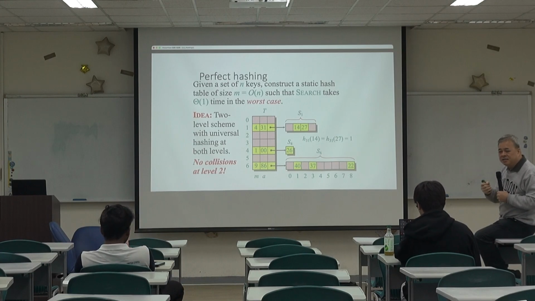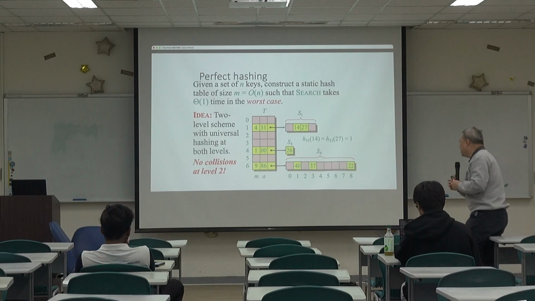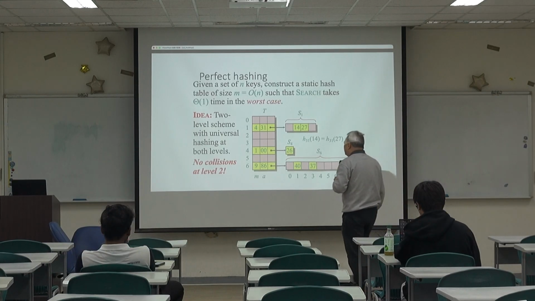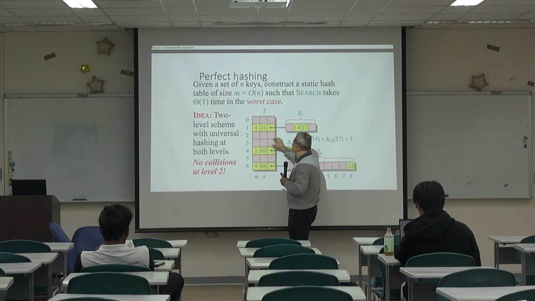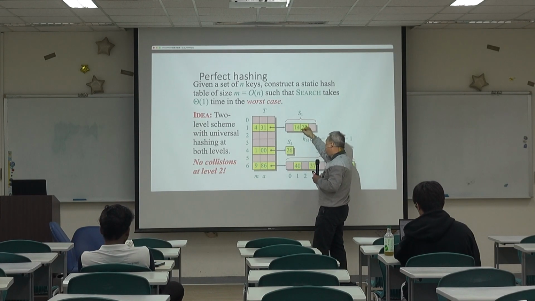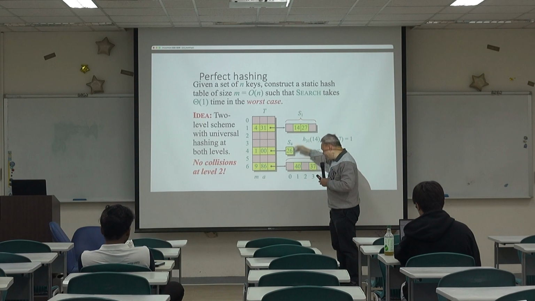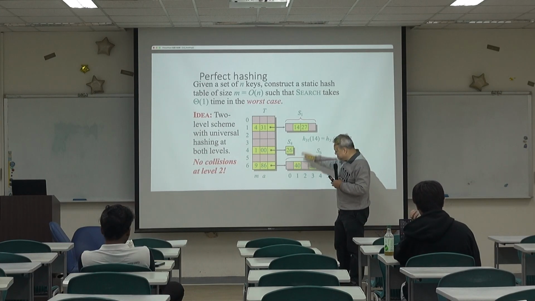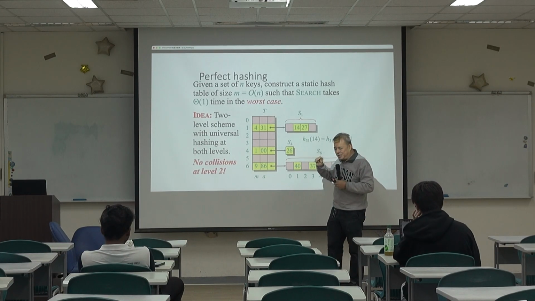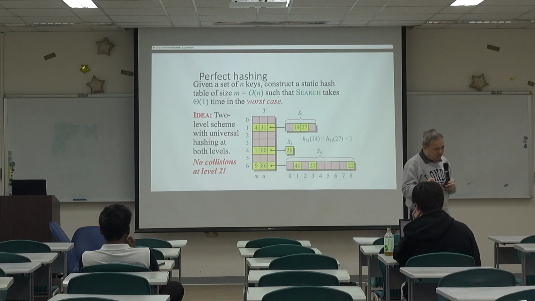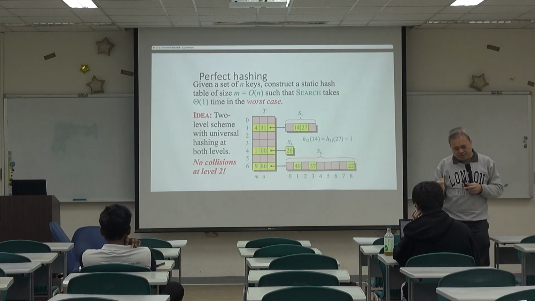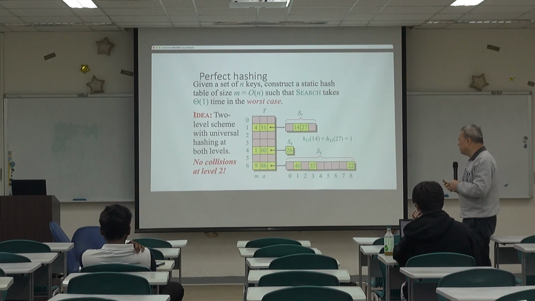That's the issue. The first level, as I just mentioned, is size n, so it's not an issue. The issue is the small second level tables. How big is the sum of these second level tables?